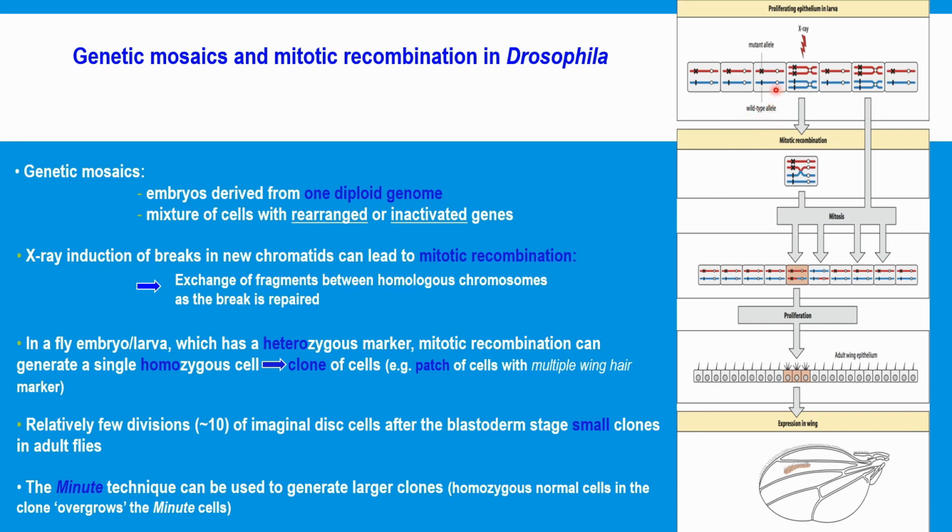So if you have the normal cell here, you have a mutant chromosome on one chromosome arm, on the other you have the wild type allele. You blast the chromosomes or the animal with X-rays, and with some frequency you will have breaks at a place that facilitates chromosomal exchange.